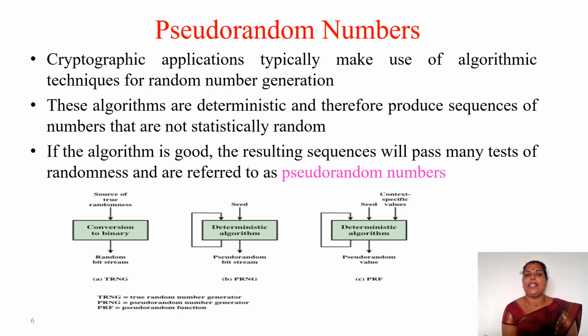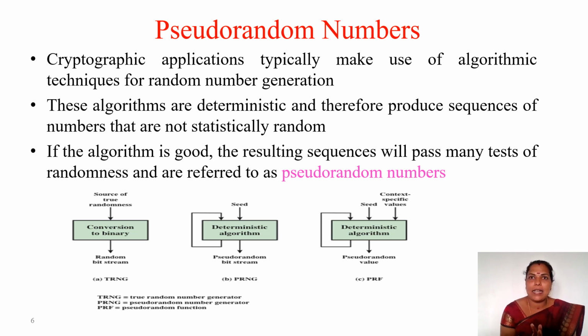And here we have three formats. One is the true random number generator, another is the pseudo random number generator, and another is the pseudo random function. In the true random number generator, the input is the source of true randomness, that is, some entropy source. Entropy source means the value is generated from the physical environment of the computer.